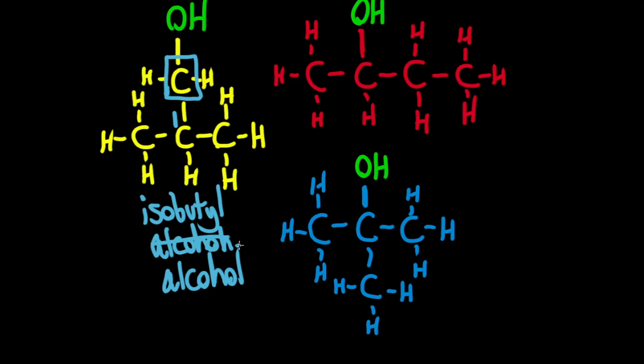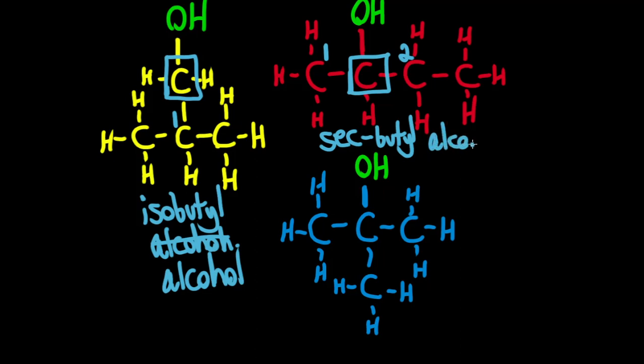So if the carbon attached to the functional group is attached to 2 carbons, so this one is attached to 1 carbon, 2 carbons, we're going to call this secondary or sec butyl. And since I have that OH there, we're going to call it sec butyl alcohol. We will talk more about alcohols in chapter 6.